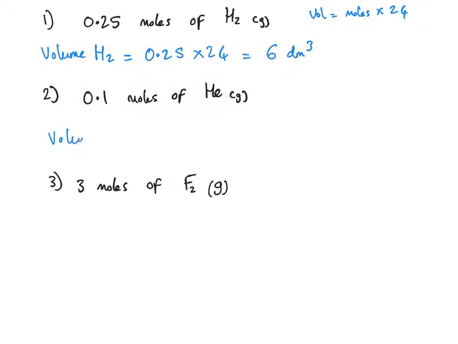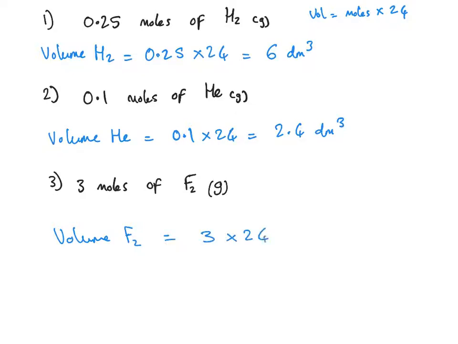Again, the volume of helium is 0.1 moles times 24, which equals 2.4 decimeters cubed. And finally, the volume of fluorine is 3 moles times 24, which equals 72.